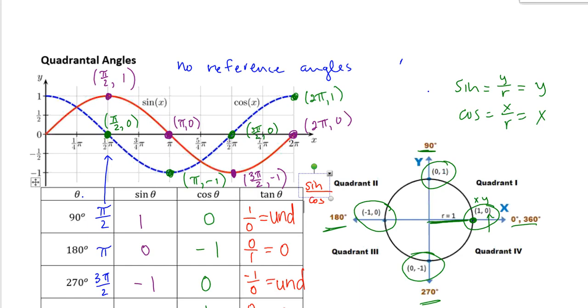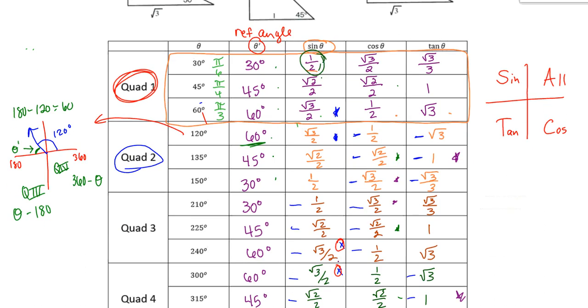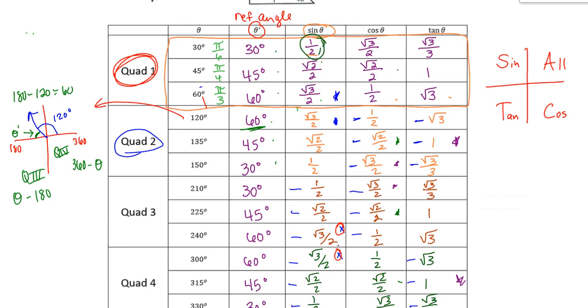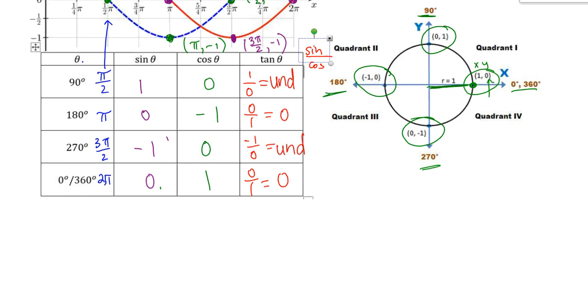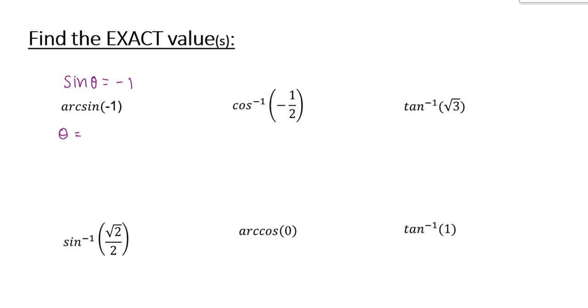Okay, so -1 though, our original table right here, there's no -1s for sine. That was one of our quadrantal angles. So looking in here, it looks like at 270, the sine is -1. That's the only one. So theta equals 270 degrees or 3 pi over 2.